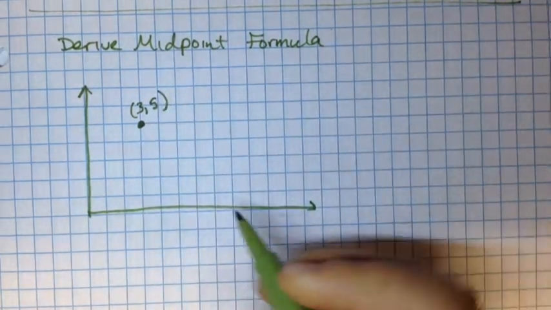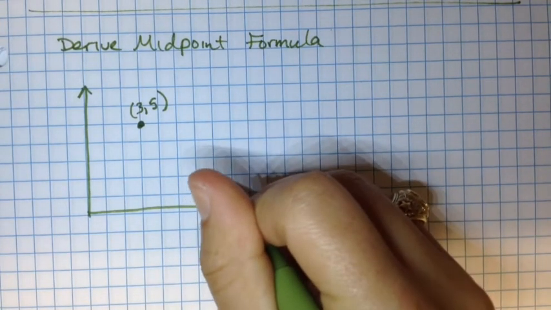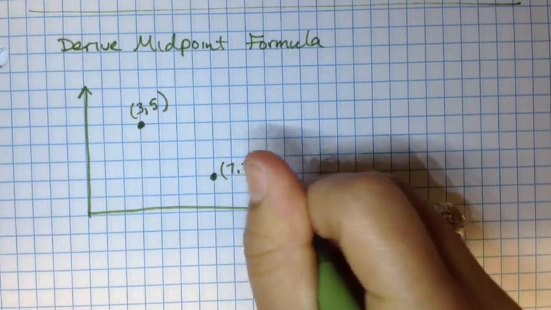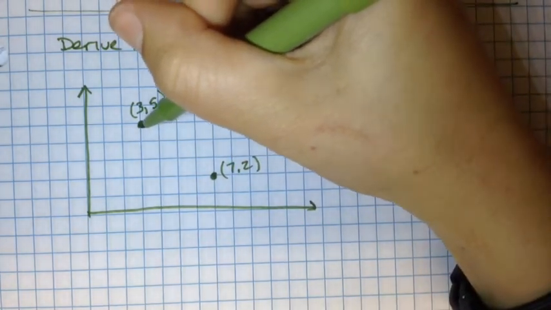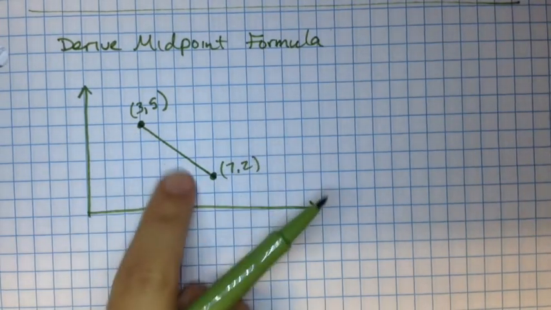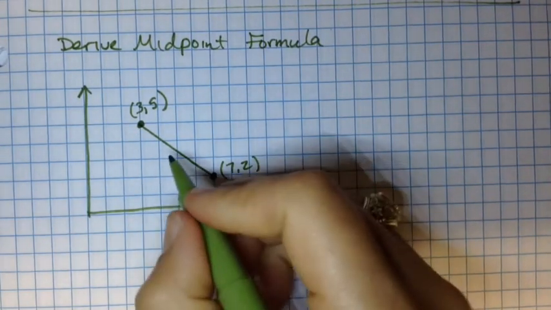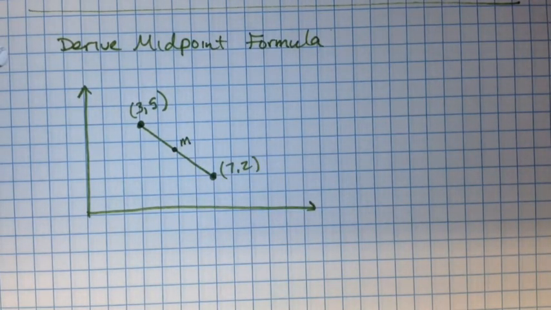And then I have the coordinate 7, 2. Okay, I want to know what coordinate happens to be right in the middle of this line, between these two points. I want to find its midpoint. It's going to be somewhere right here, but I really want to be accurate. I need to figure out where it is.